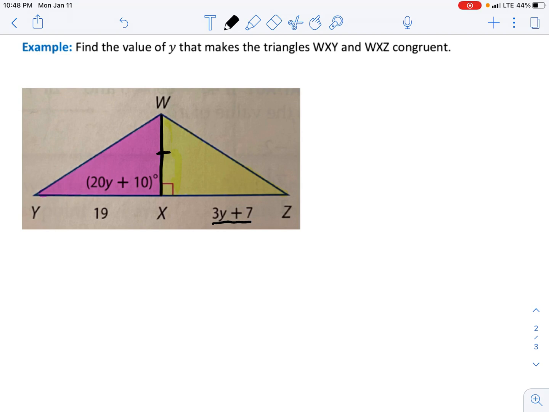If I want these two sides to be congruent, then I'm going to set 19 equal to 3y plus 7 and solve for y. Then when I plug that y value back in, I'll see that these two side lengths are the same. In other words, these two sides are congruent.